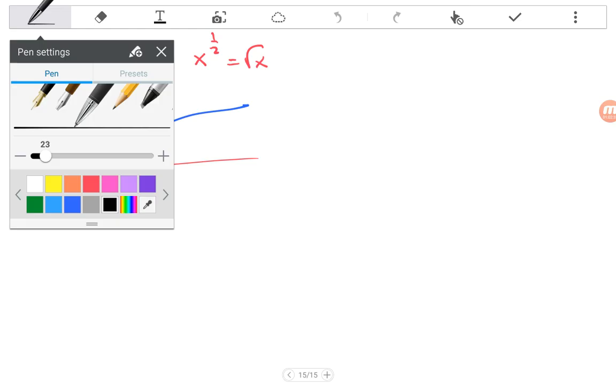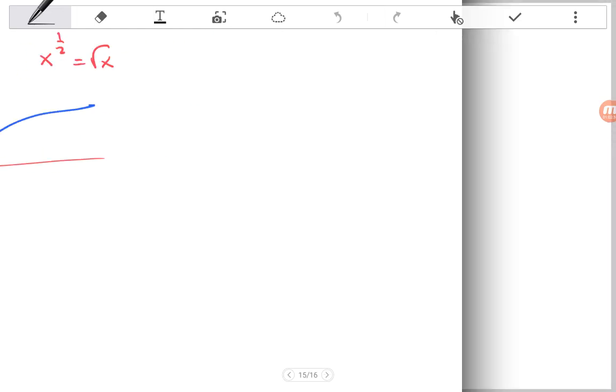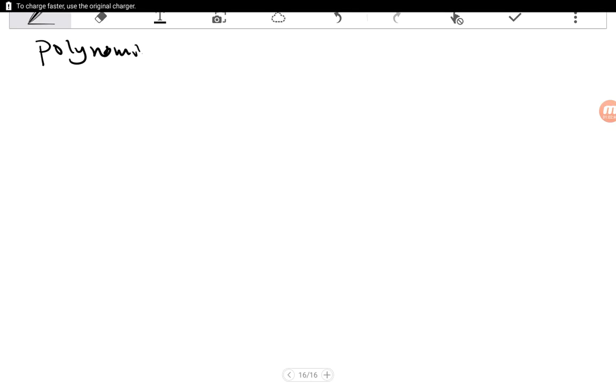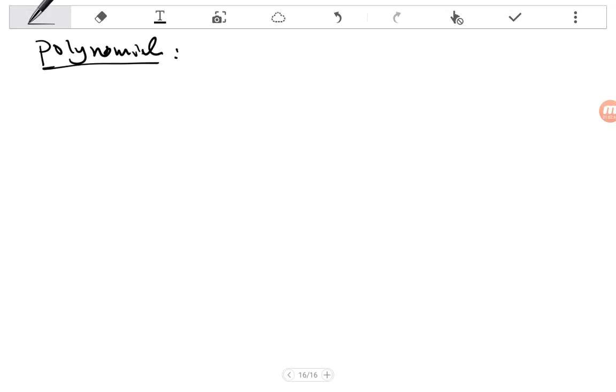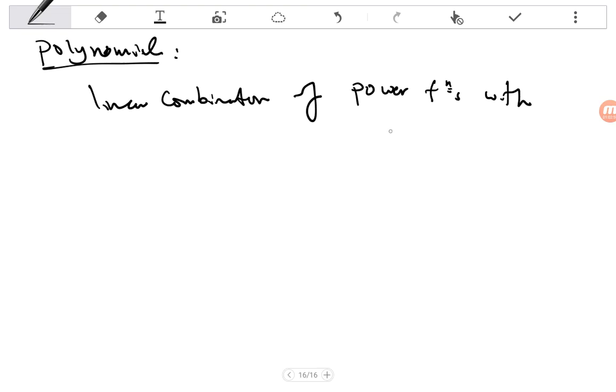There is another kind of function which is called polynomials. A polynomial is a linear combination of power functions with non-negative powers, or non-fraction powers.